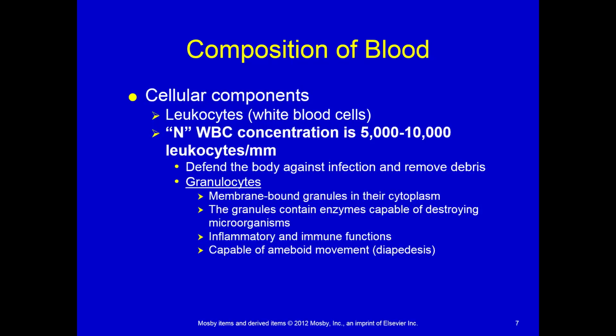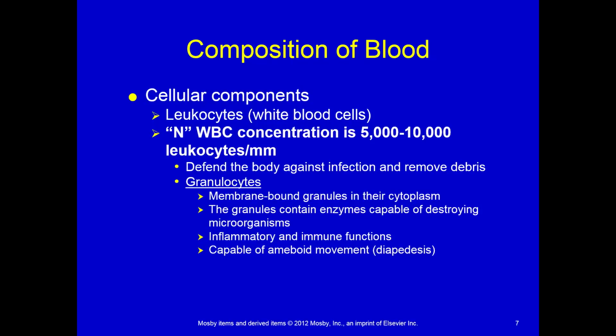These granules that are held in these little baggies inside the cells contain enzymes capable of destroying microorganisms. So they release the bag, and the bag breaks open, and those enzymes go to whatever microorganism is present and attack, right? So because of that, granulocytes obviously have inflammatory and immune functions.